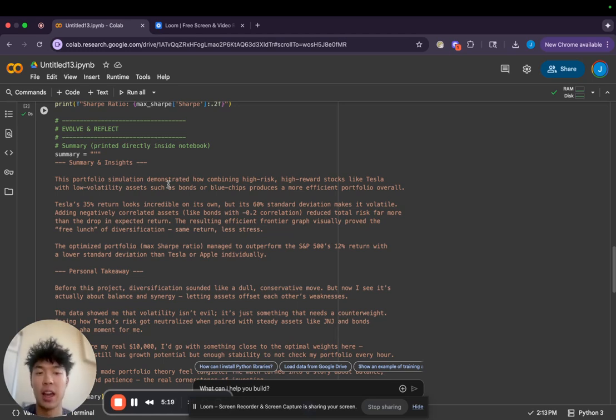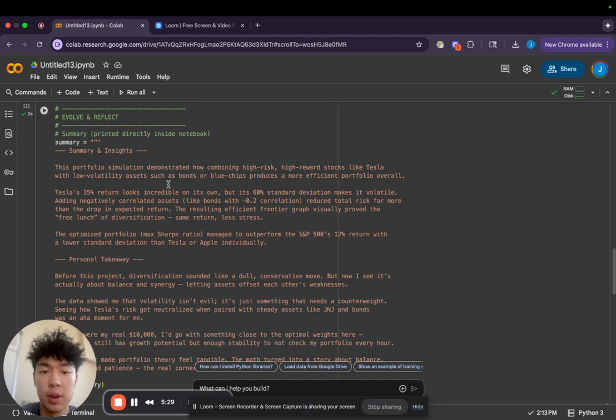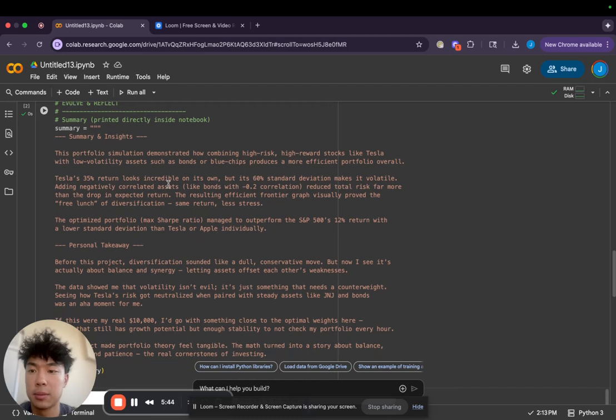When I reversed that and gave bonds a 40% weight, the return dropped closer to 11%, but the portfolio became remarkably stable. And that made me think about real life personality differences. For someone my age who can handle short term volatility, the more aggressive version might make more sense. For someone closer to retirement, the conservative one would be more comfortable.